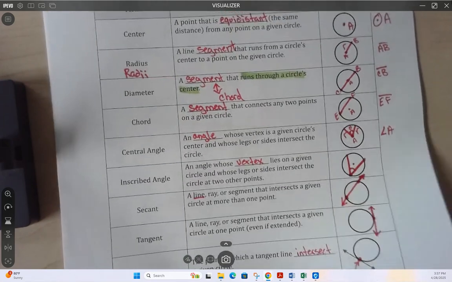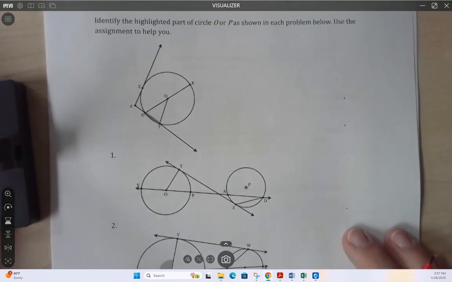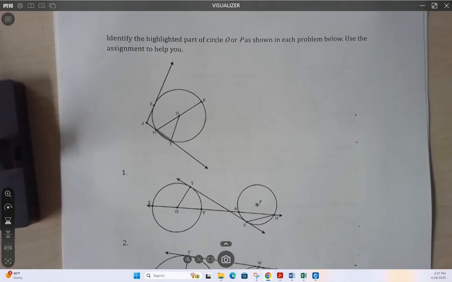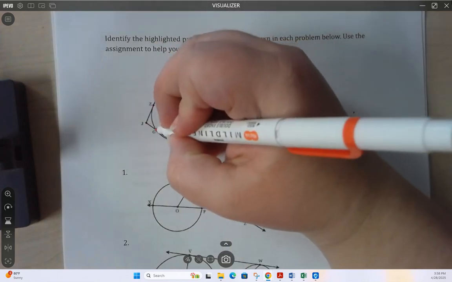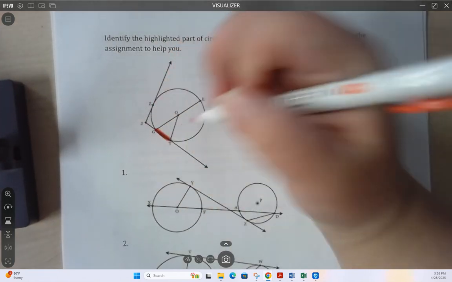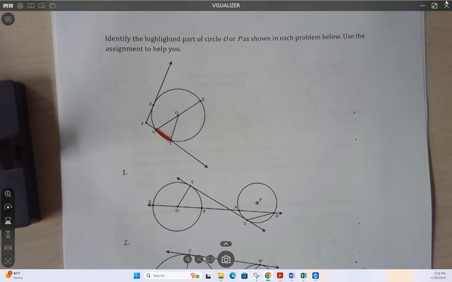Now, on to page 2. The first chunk of your first assignment is identifying these parts. My highlighting doesn't always come through the best when I print. That's why we have the videos to follow. So here, the first section that was highlighted was from G to T. And we are asked to identify the highlighted part of circle O or P as shown in each problem.